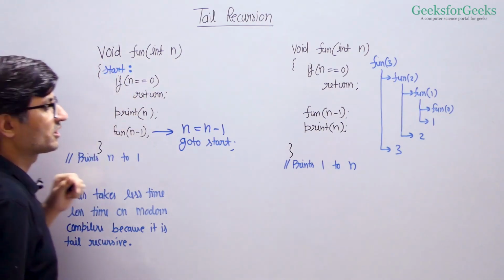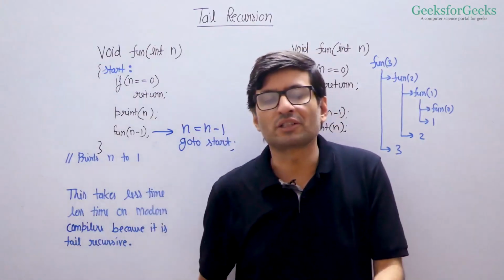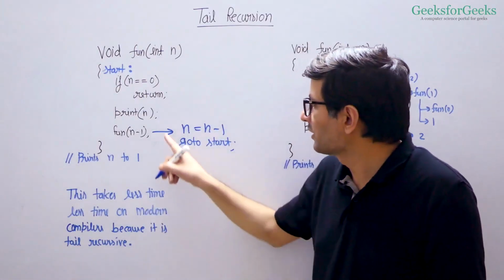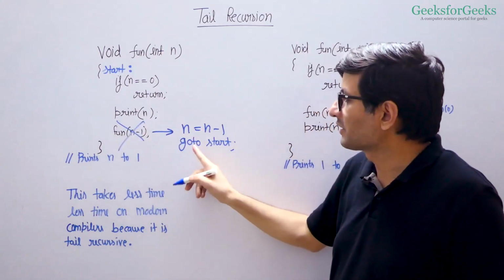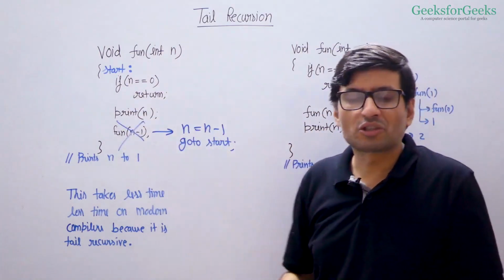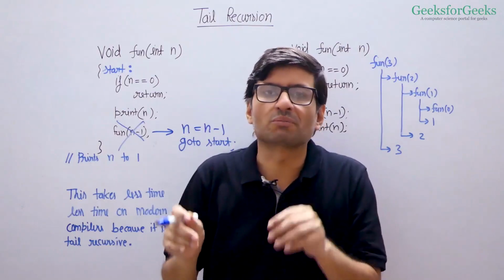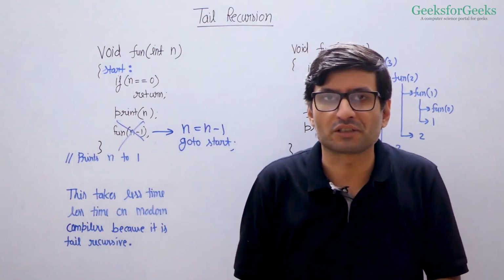So whatever parameters you are passing in the recursive calls, these parameters are changed, and this line is replaced by these two lines, and then goto start. So they remove recursion completely. There's no need of recursion.